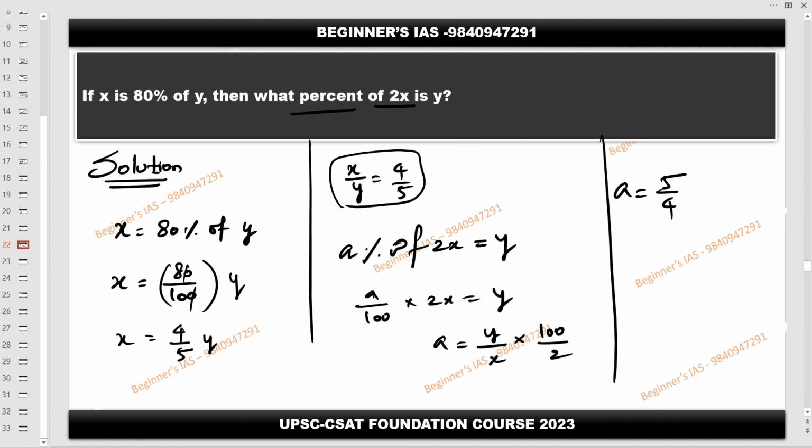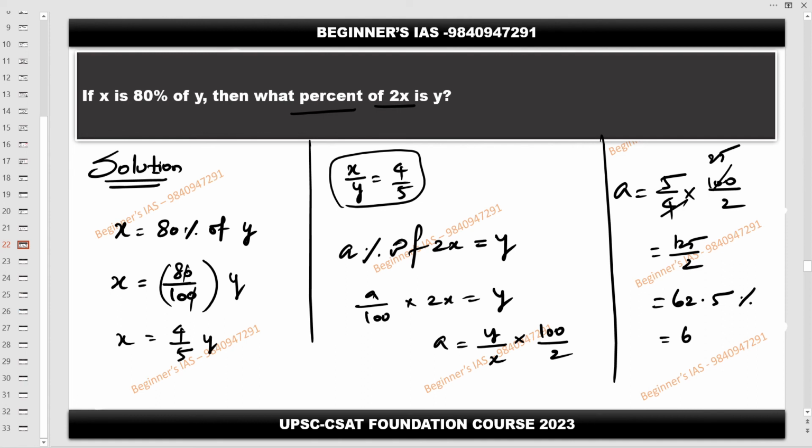Then a is equal to 5 by 4 into 100 by 2. Here 25. So 5 into 25, therefore 125 by 2, which is nothing but 62.5%.